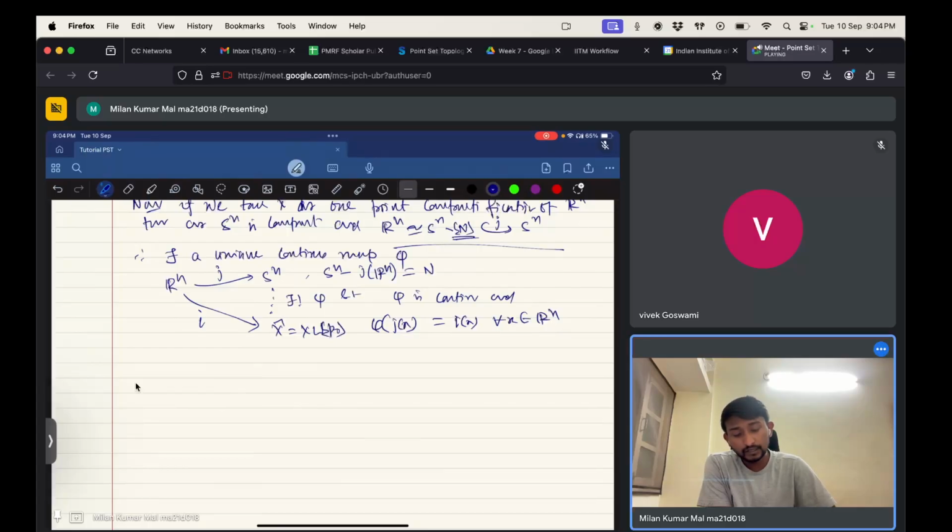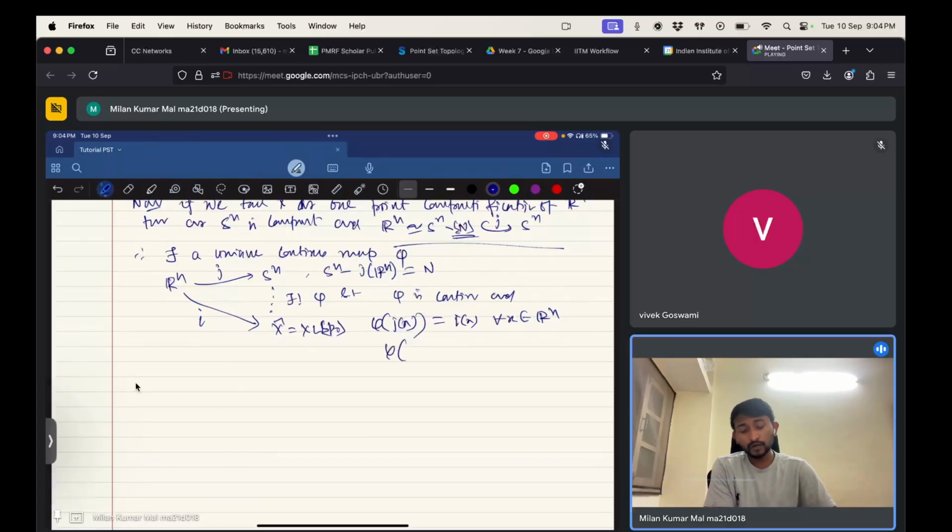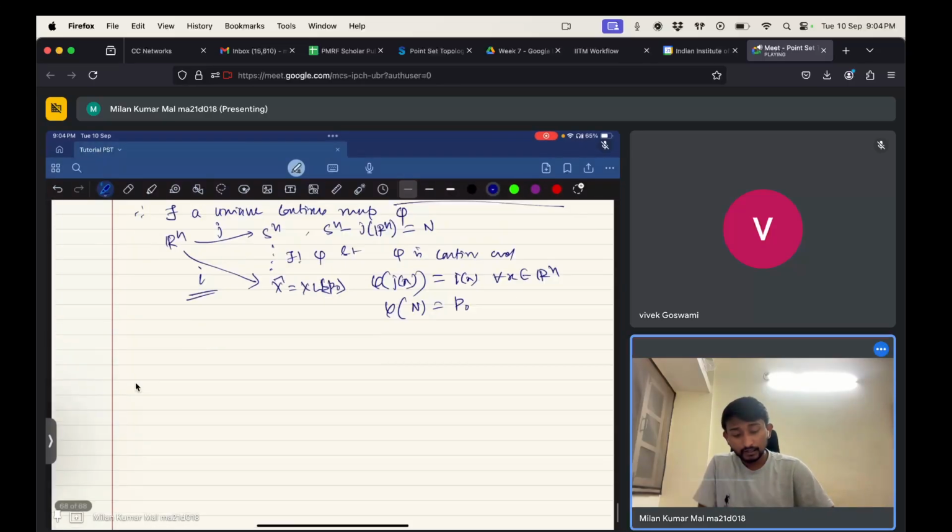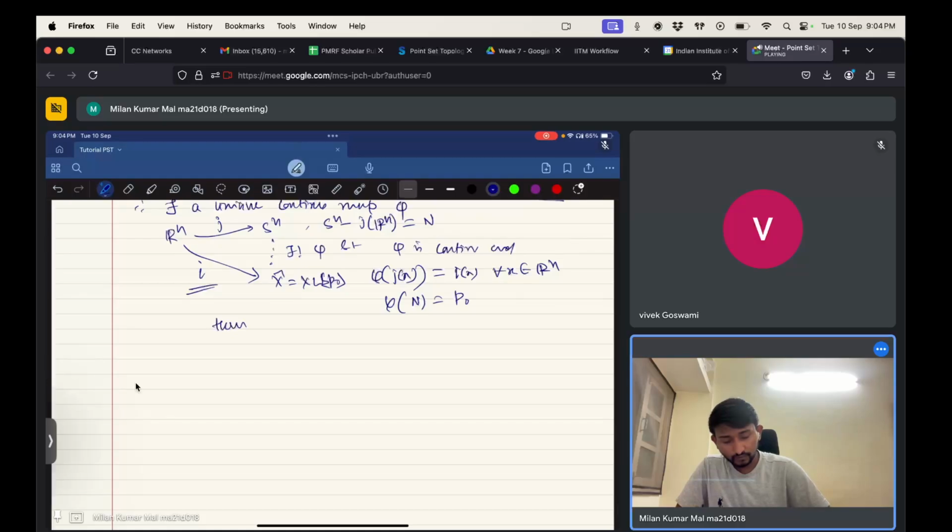So phi maps all the points x to their image under I, and phi maps the north pole N to p naught. Then phi is bijective, there is no problem, and continuous from Sn to X cap.